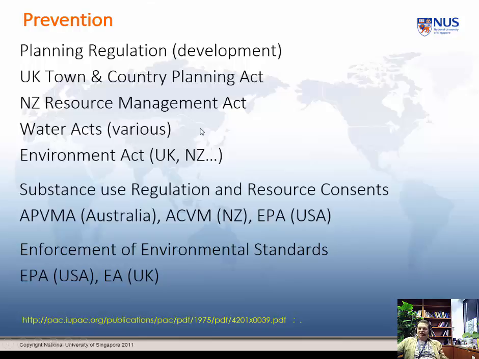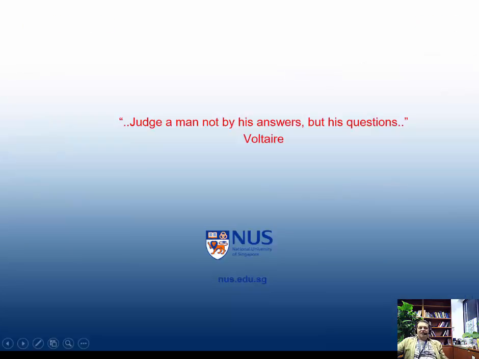Not green chemistry, but you can see the link, I'm sure. Any substance that does get used in the environment needs a resource consent or regulatory approval from various bodies depending on where you are in the world. And of course, these environmental standards are enforced by various authorities.